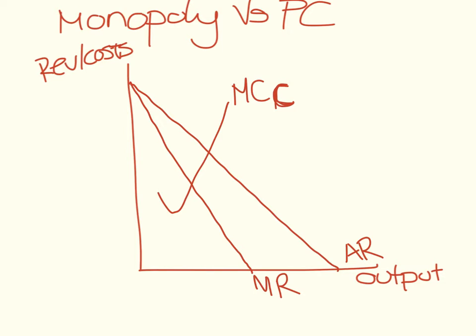And we know in a perfectly competitive market, demand equals supply, so they're going to produce where marginal cost equals average revenue, so this is QC for the competitive market, and then this is going to be PC.